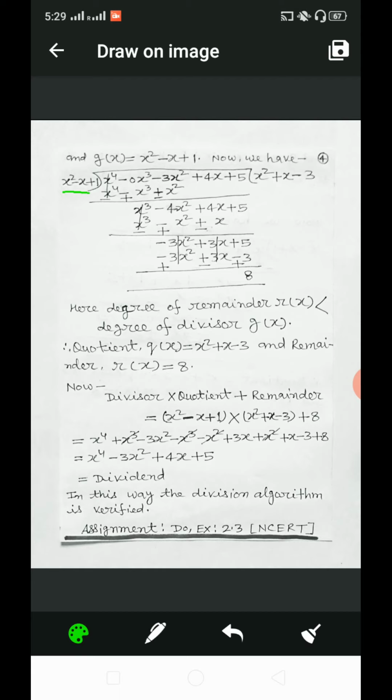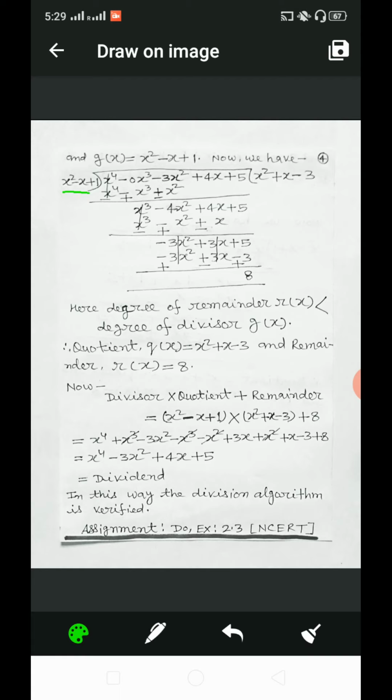Again in quotient we take the term plus x and we multiply x square minus x plus 1 by x, we get x cube minus x square plus x, and we change the sign of these terms, we get minus x cube, plus x square, minus x, and after simplification we get minus 3x square plus 3x plus 5.